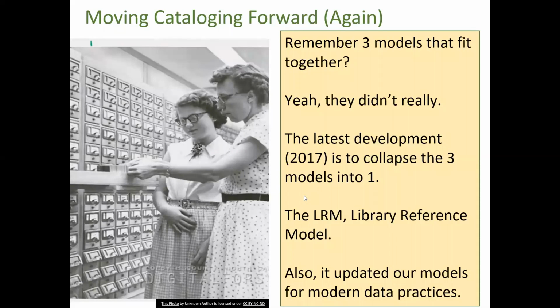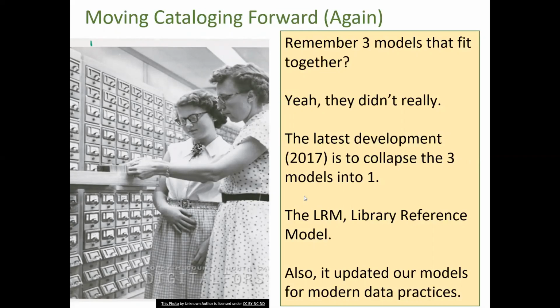So one more thing has happened in terms of all of this foundation or framework for how we do cataloging. We had those three models that fit together or were meant to fit together, Ferber being one of them, and then there's two other models. There's functional requirements for authority data, functional requirements for subject authority data.